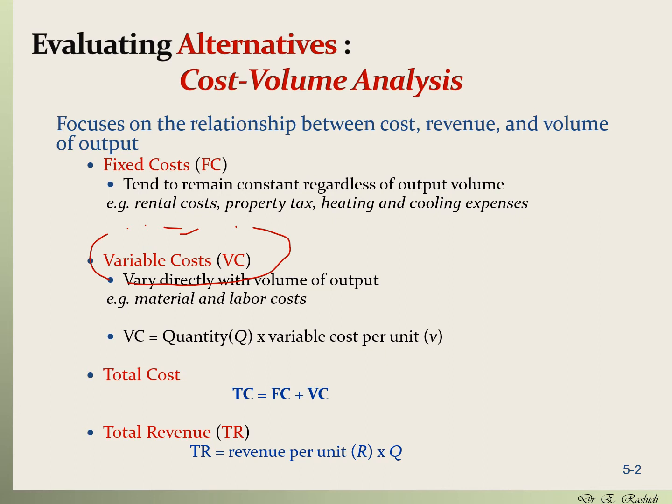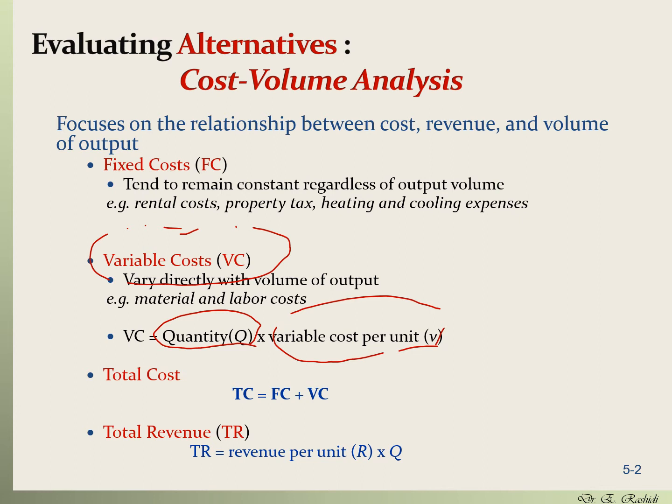So the variable cost can be thought of as a function of two parameters. One is the quantity of production, how many products you want to produce, multiplied by the variable cost per unit. The variable cost per unit is the cost to produce one single item.